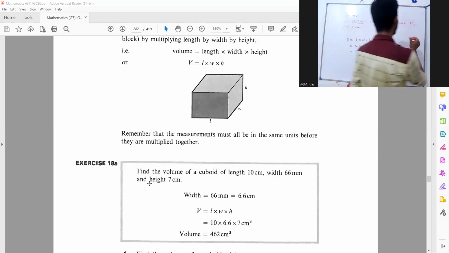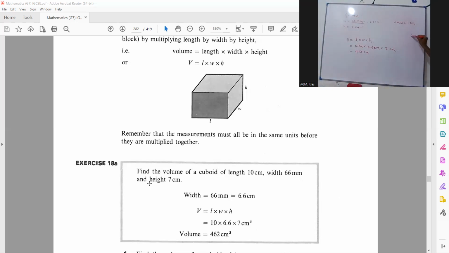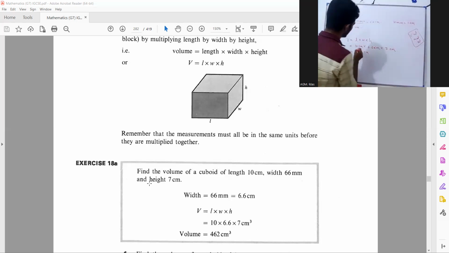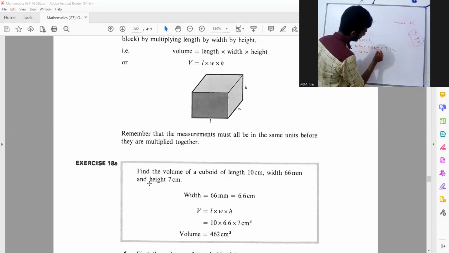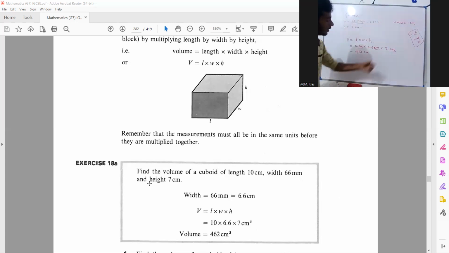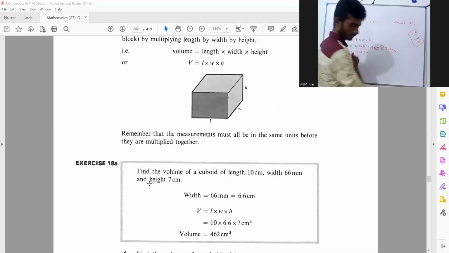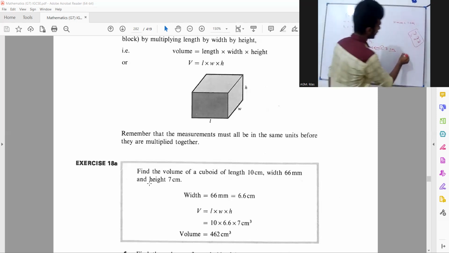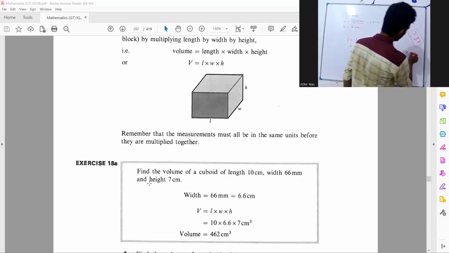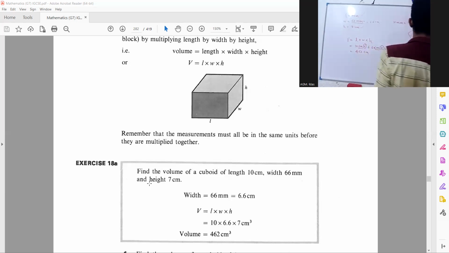Here, I already told you, we can use centimeter cube, millimeter cube, and meter cube for volume. So this is how we decide. Here, centimeter, centimeter, centimeter. If we take each and every centimeter, we will multiply. So x into x is x square.